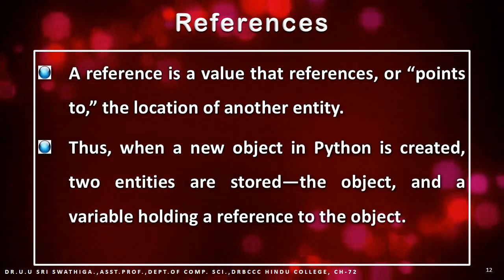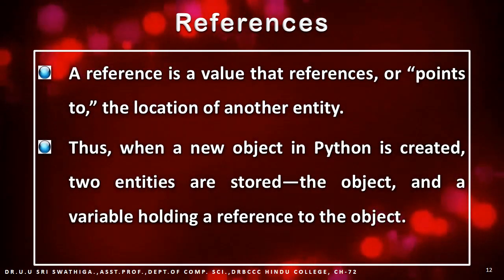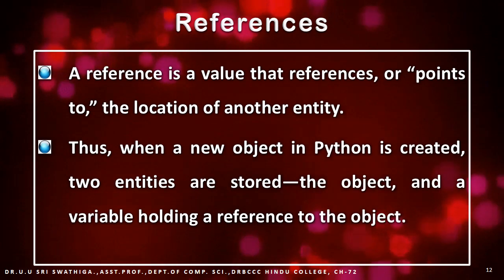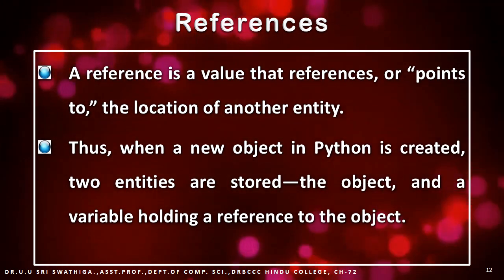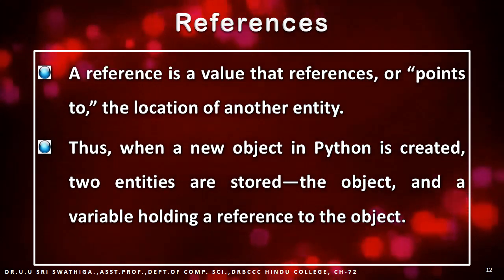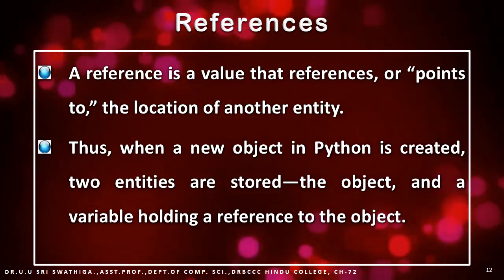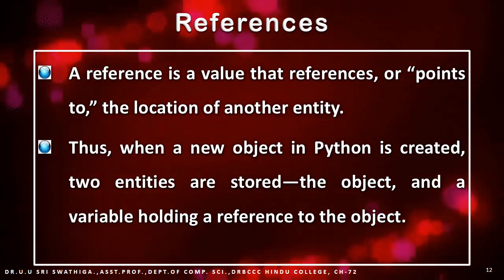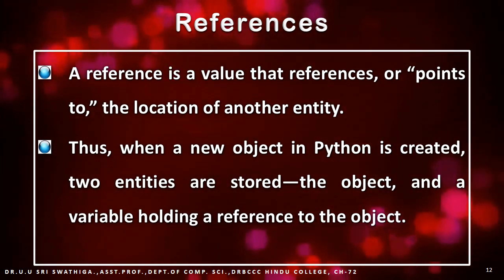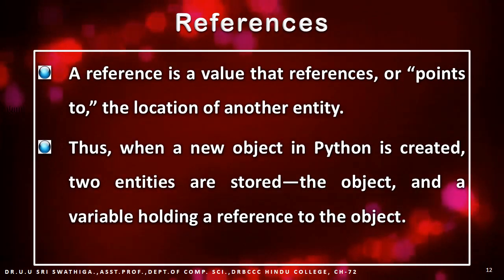A reference is a value that references, or points to, the location of another entity. Thus, when a new object in Python is created, two entities are stored: the object, and a variable holding a reference to the object. All access to the object is through the reference value. This is depicted in the next figure.